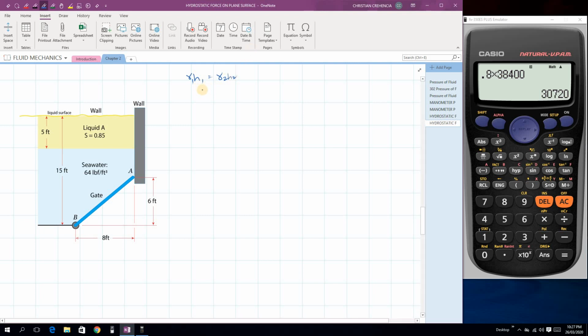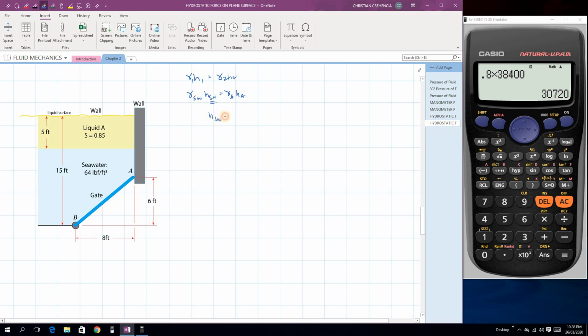So gusto natin i-convert dun sa equivalent height ng seawater, okay, yung unit weight natin gamma 2 is unit weight ng liquid A, then yung height ng liquid A, so i-convert natin siya sa height ng seawater.